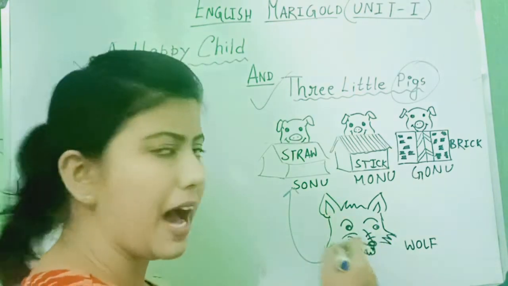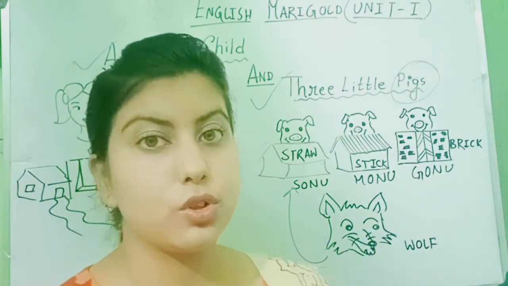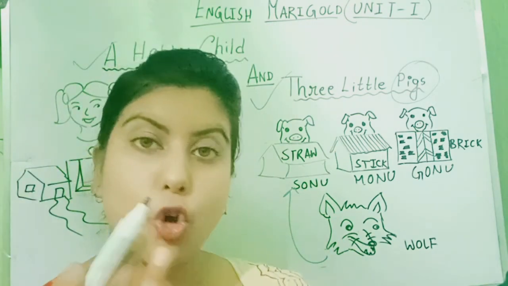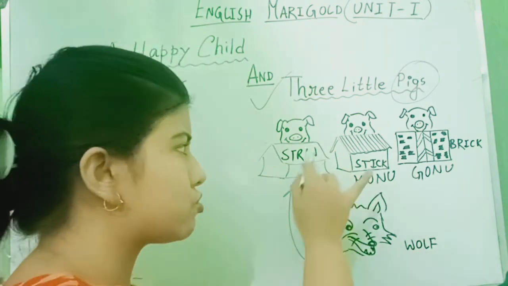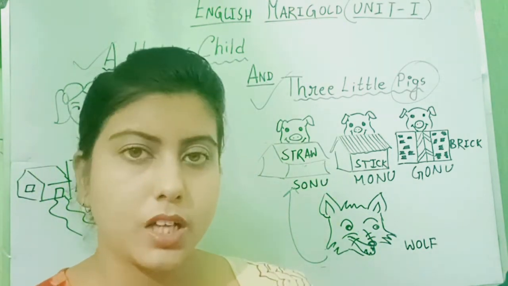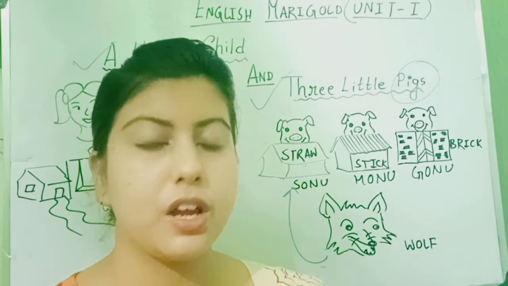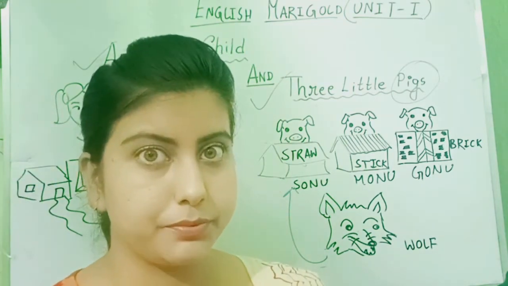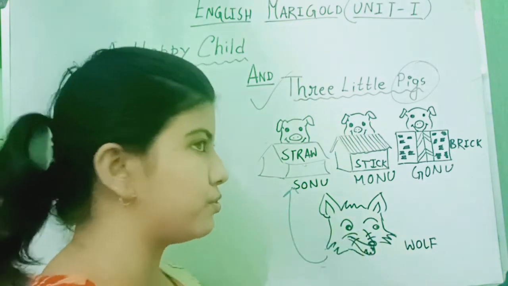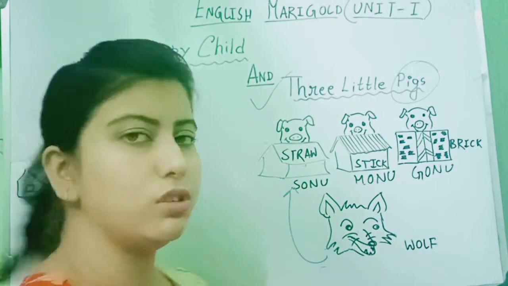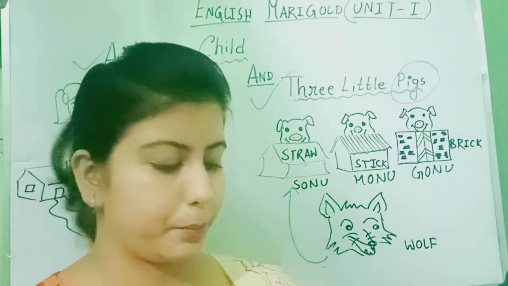So this bad wolf threatened Sonu that he will huff and puff so hard that his straw house will blow down. Now what is to huff and puff? That is to breathe out heavily and loudly. So the wolf huffed and puffed and the house of Sonu blew down.